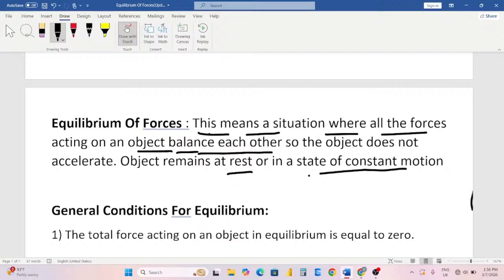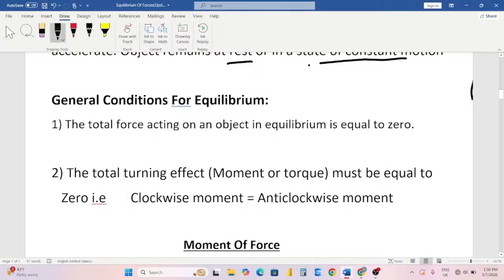Then is the general conditions for equilibrium. General conditions for equilibrium, we can narrow it down to two major conditions. And the first one is that the total force acting on an object in equilibrium is equal to 0.